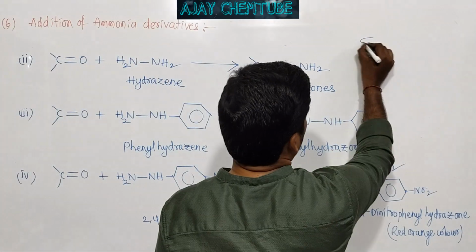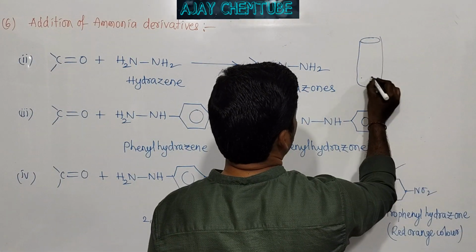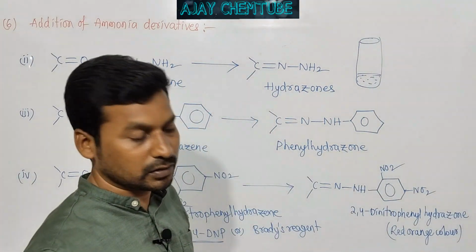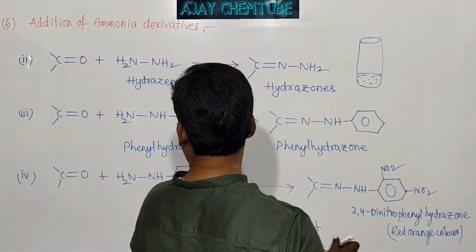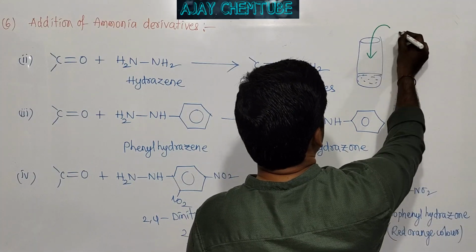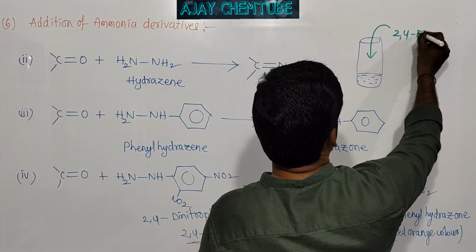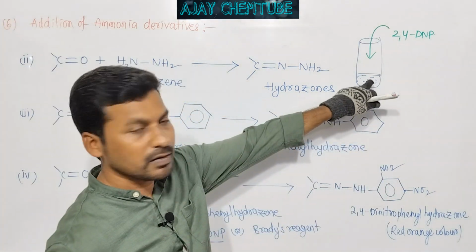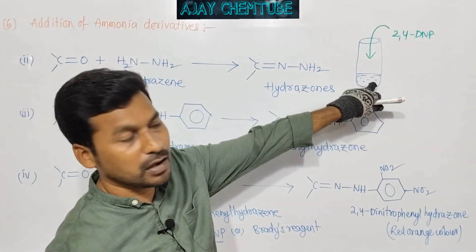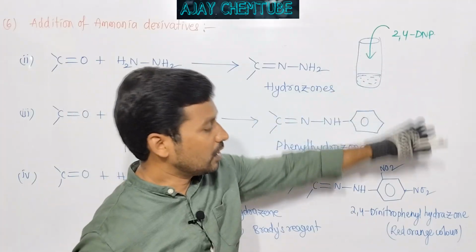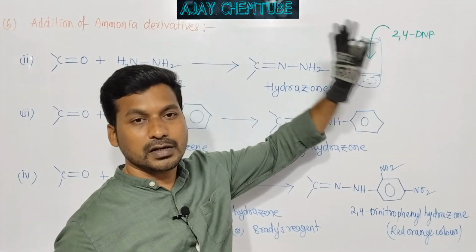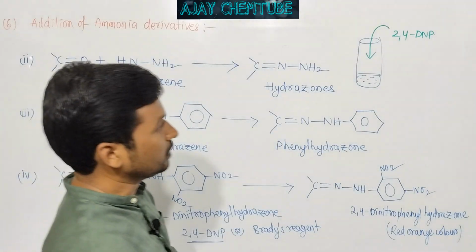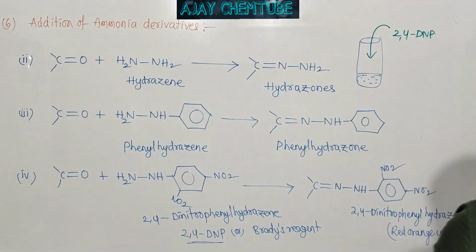Suppose some unknown compound is given to you and you have to identify whether it is carbonyl or not. Then what we have to do? Just simply add 2,4-DNP reagent. If orange color crystals are formed, the given compound is aldehyde or ketone, a carbonyl compound. If orange color crystals are not observed, that is not a carbonyl compound. Thus, this reaction is used as a test. Okay, right.